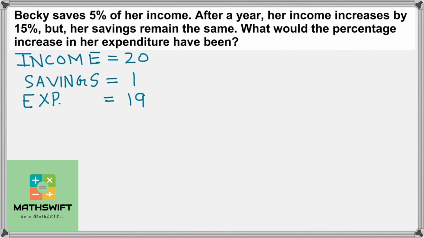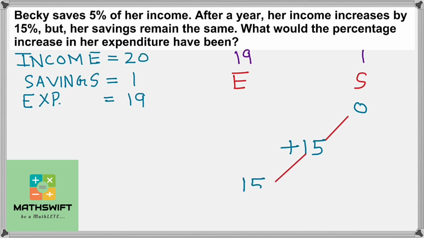The same question can be solved by the weighted average method as well. First, we translate the information given in the question like we did in the previous method. By now, I assume you know how to go about representing the information given in the problem in the form of a diagram like so. The difference between the percentage change in savings and that in income is 15.